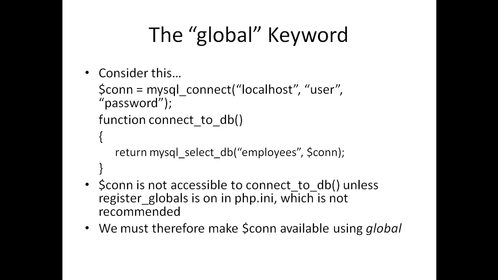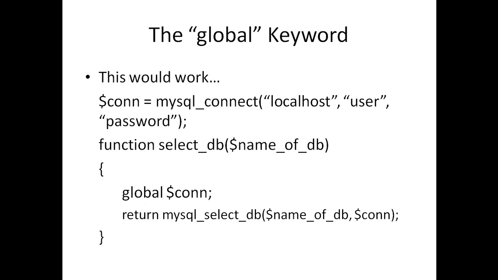So if register globals is off, which we purposefully have, then we must make $con available using the global keyword. And this is how we do it. So this would work. $con equals mysql_connect localhost, user, password. Function select DB, name of DB. Then inside of that function, the first thing we do is global $con; then the same return mysql_select_db, and in this case, name of DB, $con.